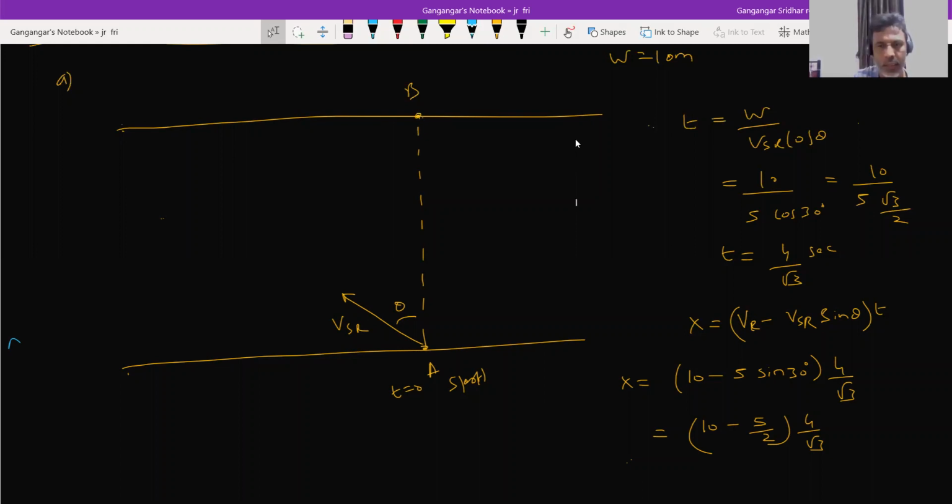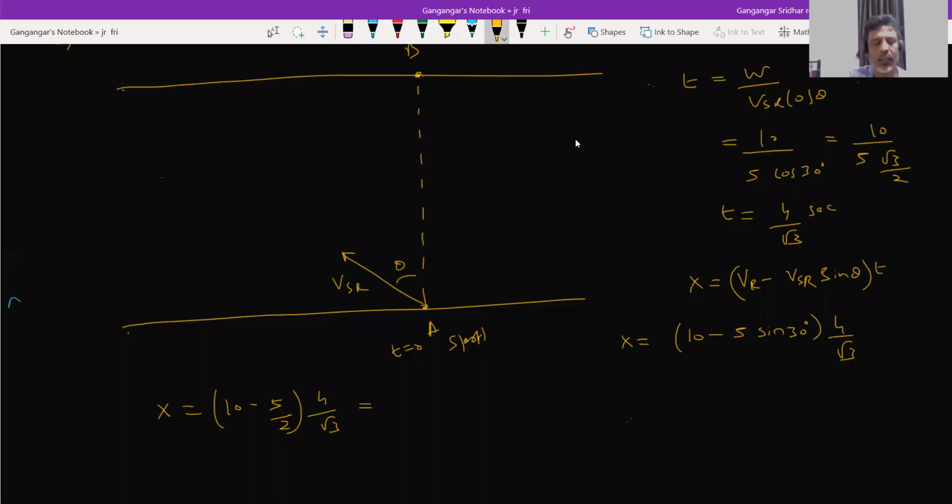What is the value of x? X is equal to 10 minus 5 by 2, into 4 by root 3. Okay, what is the value? Anybody simplified? 17.32, sir. Yes, 17.32 meters, positive.